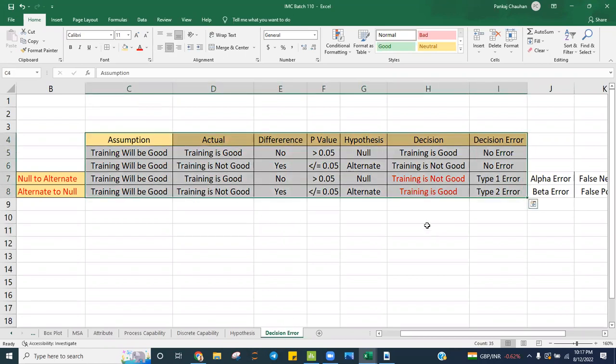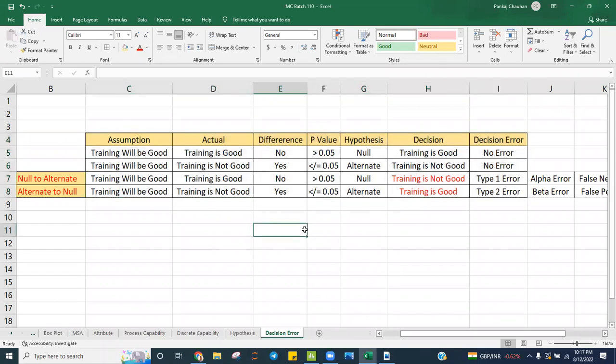Yes, please. So in summary, alpha error or type 1 error is mostly coming when the assumption and the actual data are reliable, but my decision is wrong. And in type 2, the assumption and the actual data are not correlating, but I'm taking the actual data as if it were a good data.